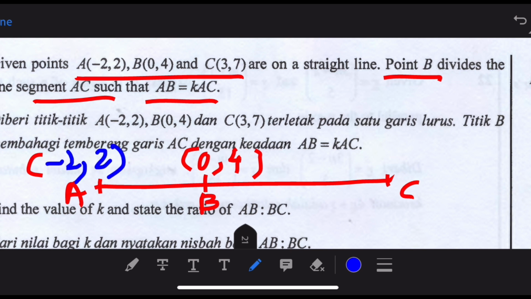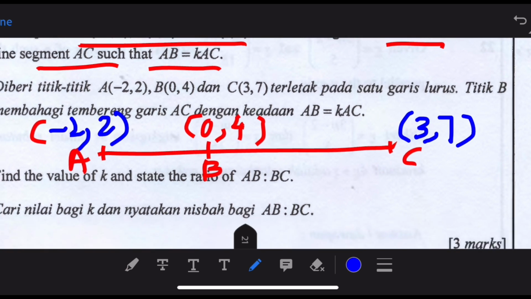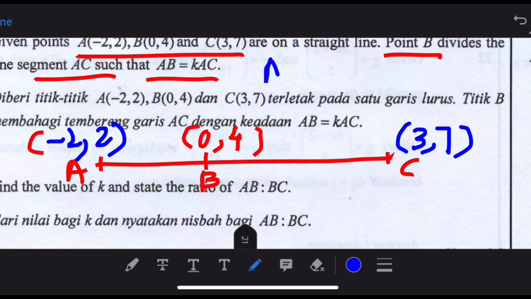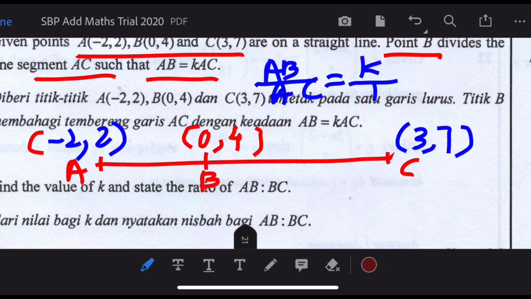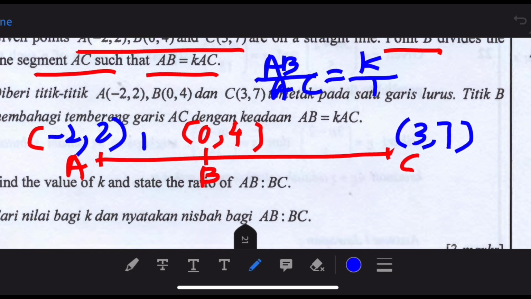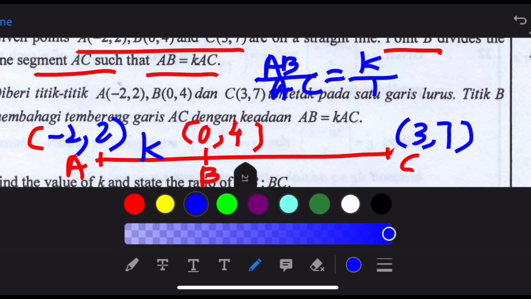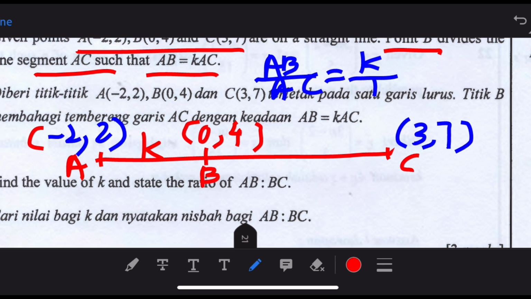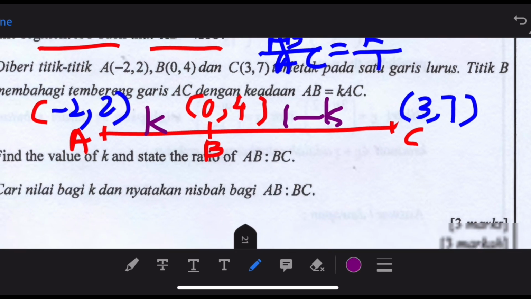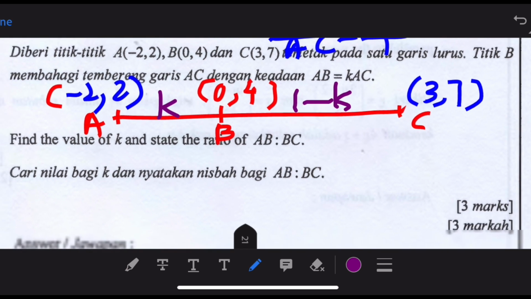Point A is negative 2, 2, point B is internally 0, 4, and point C is 3, 7. From the ratio given, AB equal to k AC, you have to write it in fraction. That means AB is k portion and AC is 1. So you label AB as k and BC as 1 minus k, because the whole line A to C is 1.